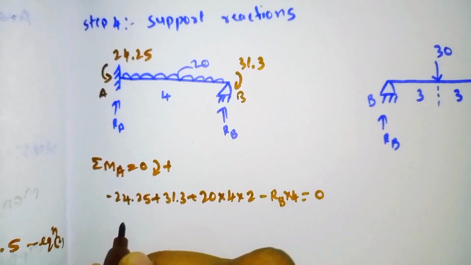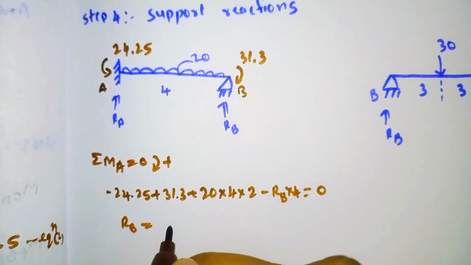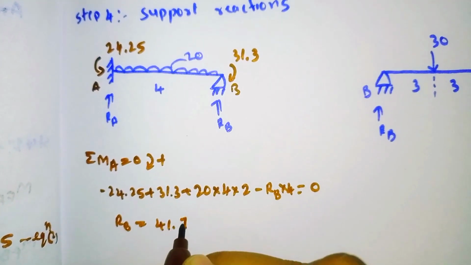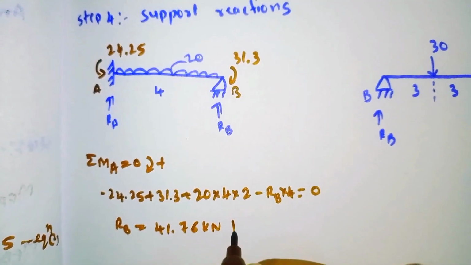So by simplifying, our RB value will come out as 41.76 kilonewton. It is moving upward.